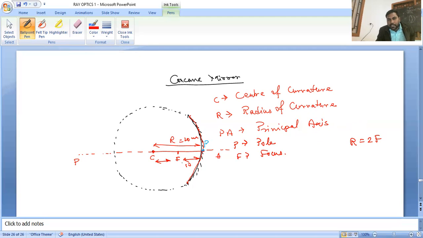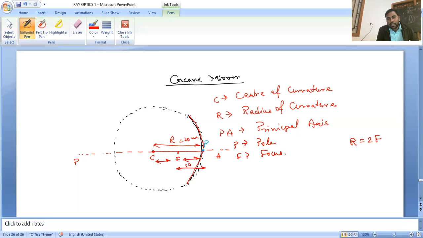And this distance from focus to pole, remember one thing in this chapter, in the chapter of mirrors or lenses, everything in optics, every distance we will measure from the pole, not from anywhere else.